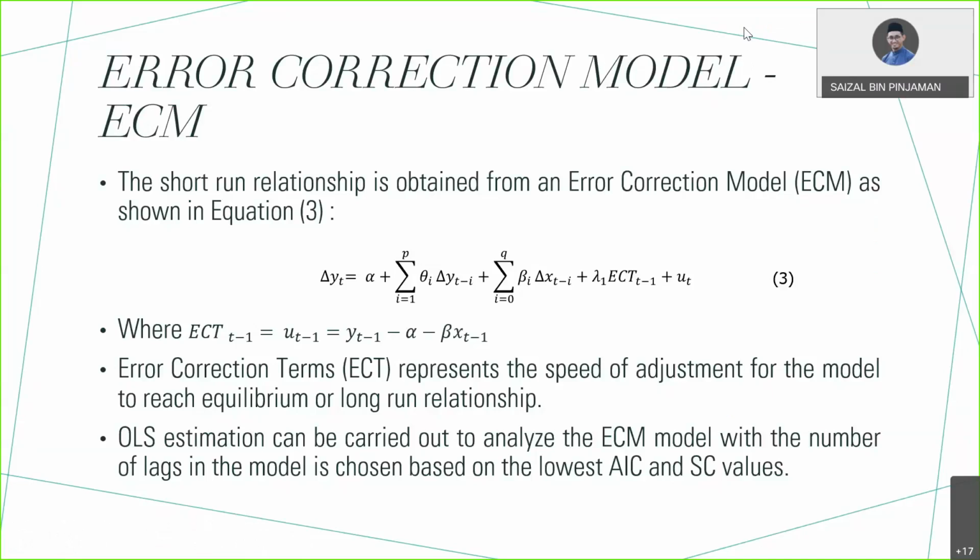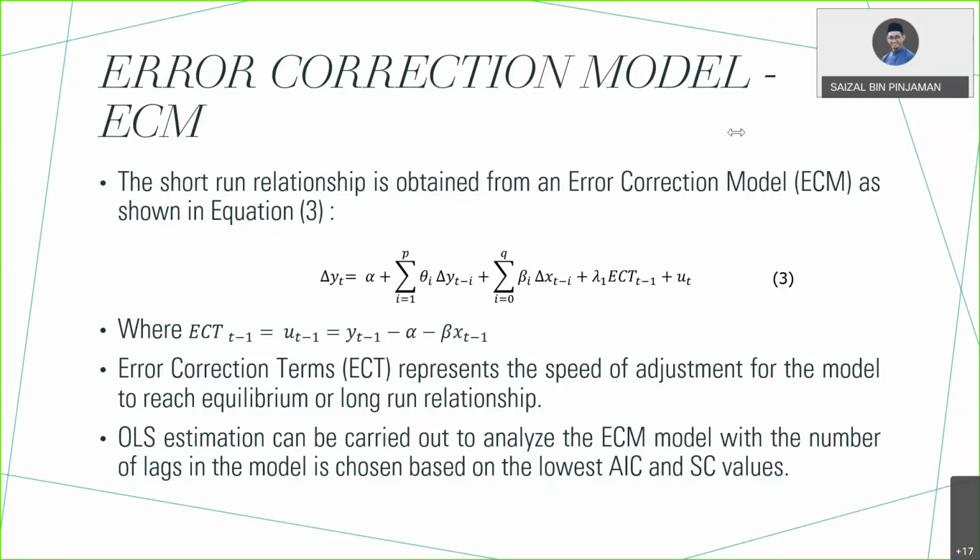I'm not really sure whether I heard it clearly, but are you saying that if in the model we have variables that have different stationarity levels, what is the most suitable model that we can use?